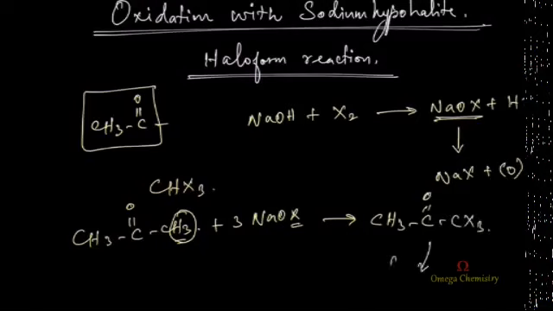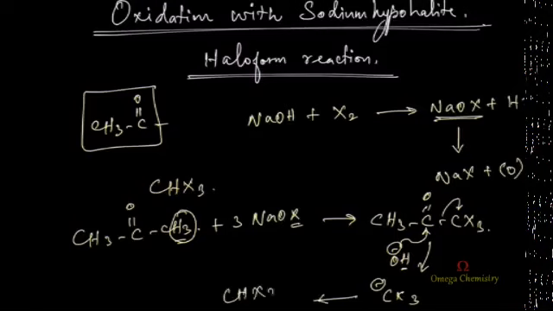Then OH minus from sodium hydroxide will attack here, so this bond will be broken, and you will get a CX3 which carries a negative charge. That will take away a proton from this one, so ultimately I'll get CHX3. This is the product we will be getting.